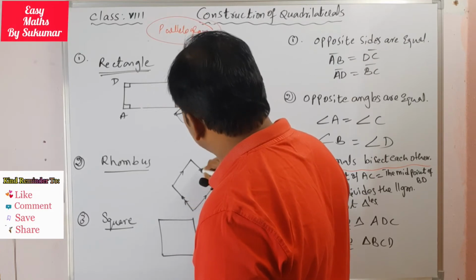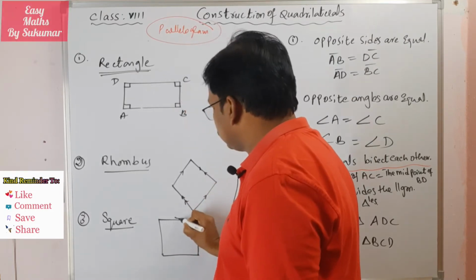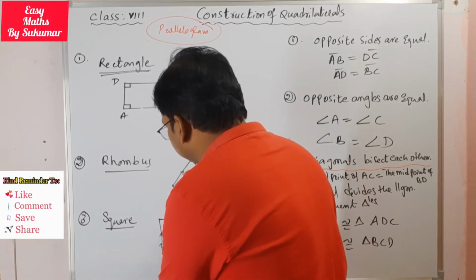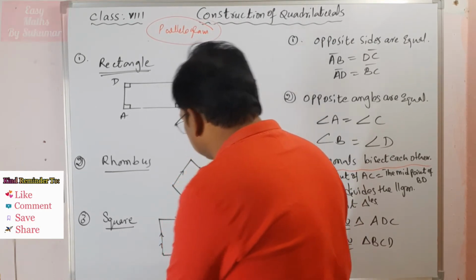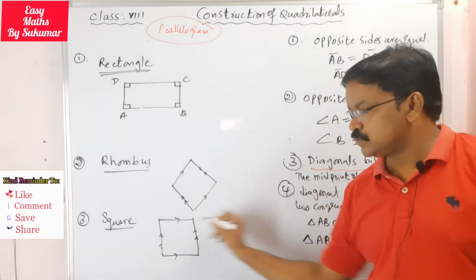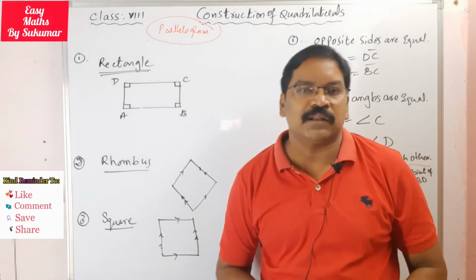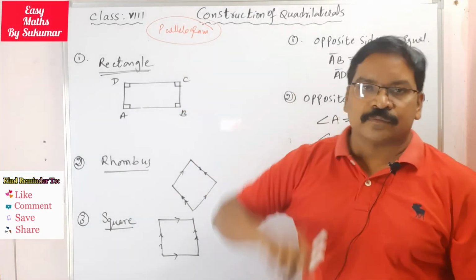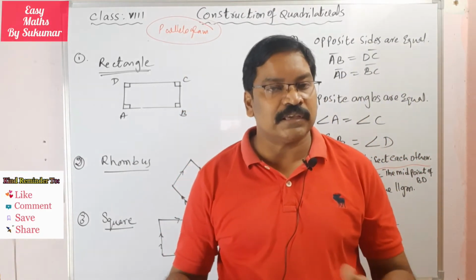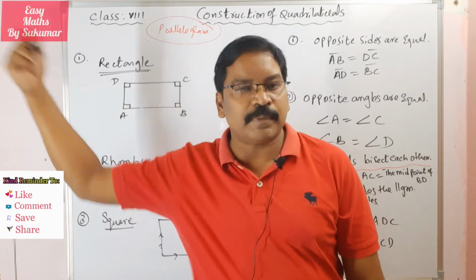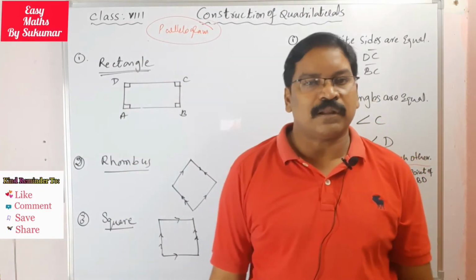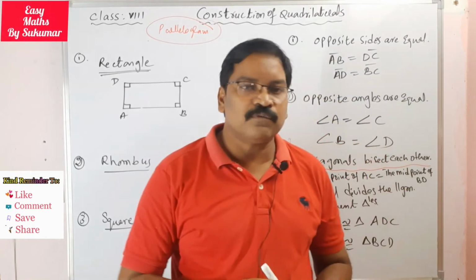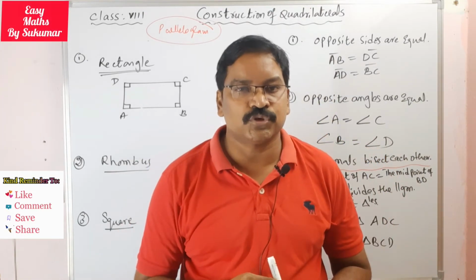Here these two opposite sides are parallel, and these two opposite sides are also parallel. So these three are called parallelograms. We can say this rectangle is a parallelogram, square is a parallelogram, rhombus is also a parallelogram. But trapezium is not a parallelogram. Why? In the trapezium, only one pair of opposite sides is parallel.